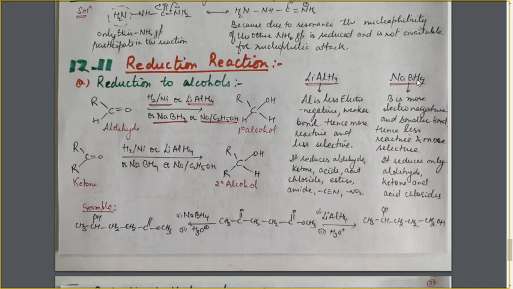And I have told you already that if the species is highly reactive, then it will be less selective. Less selective means that it will carry out all those reactions which you do not want because of high reactivity. And if the species is less reactive, it will be more selective.